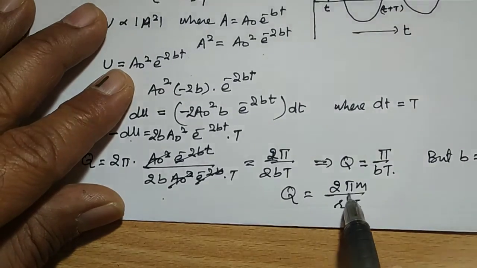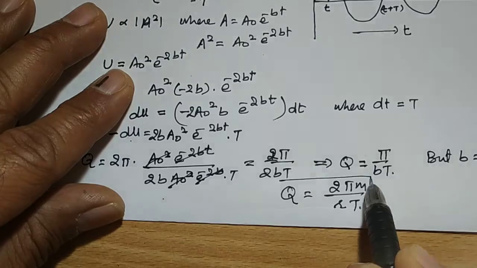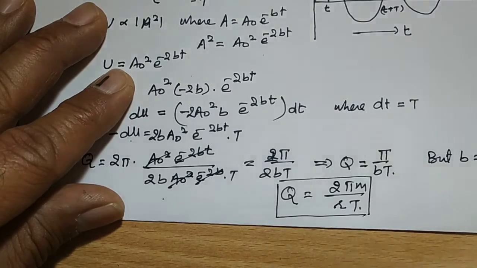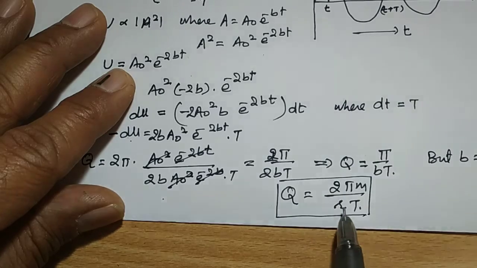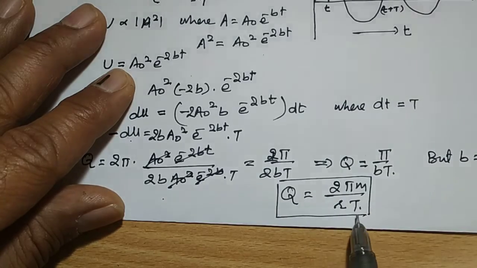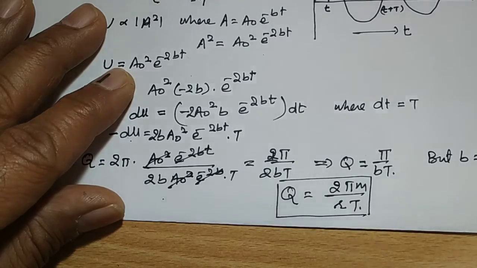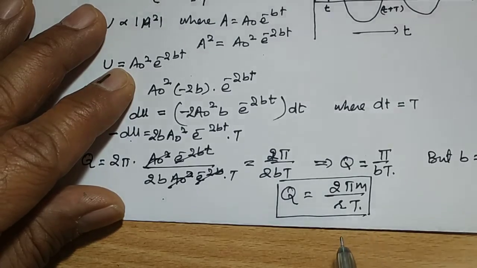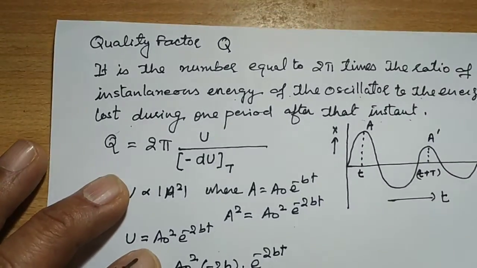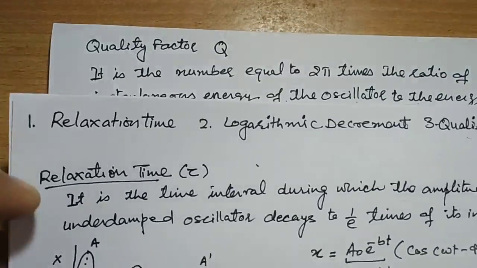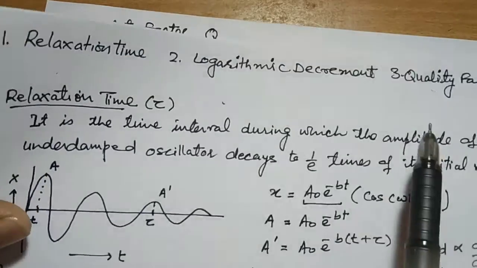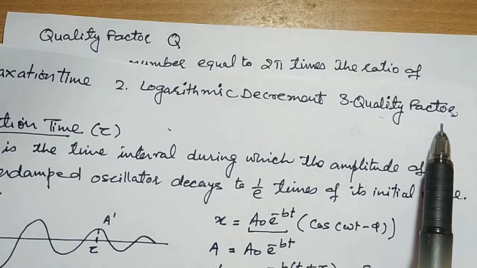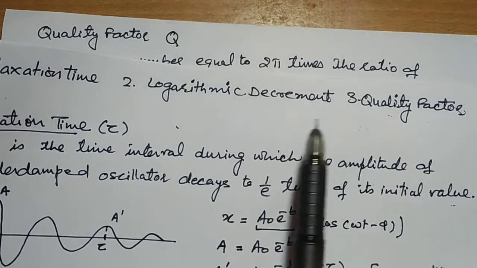So 2 pi m over rT is the quality factor for a mechanical underdamped oscillator. This way we have defined and learned all three terms: relaxation time, logarithmic decrement and quality factor for an underdamped oscillator.